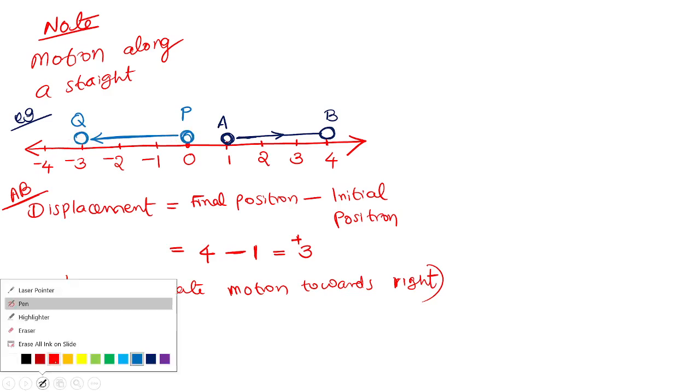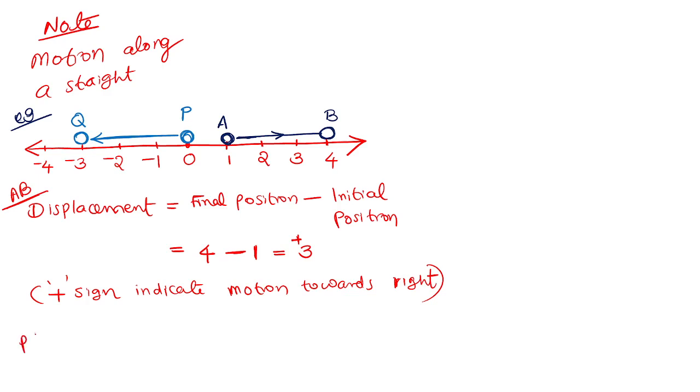What is the displacement of PQ? Displacement will be the final position minus initial position. That order is very, very important. The final position is -3, correct? Final position -3 minus initial position 0.